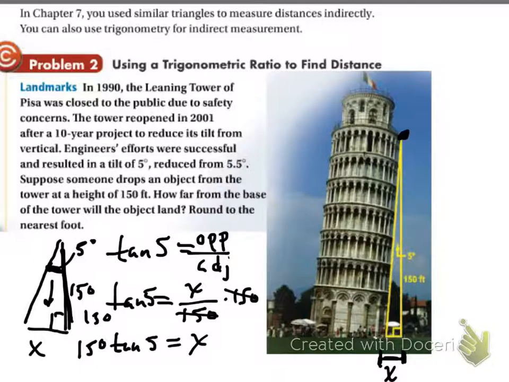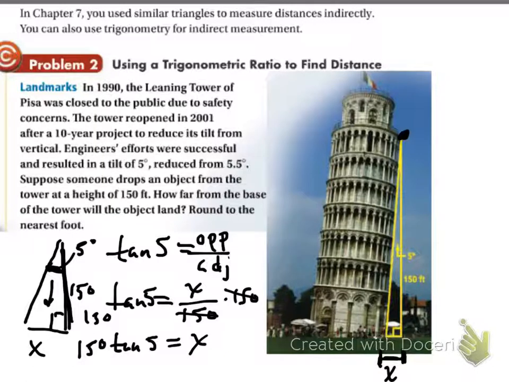In your calculator, you're going to type in 150, then hit the tan key. You don't have to hit second, it's just the tan key, and then a half parenthesis will show up. Type in 5, and then close parenthesis, and you'll get your answer.